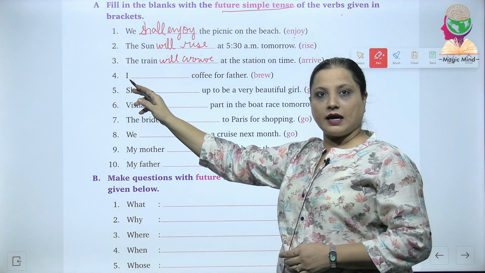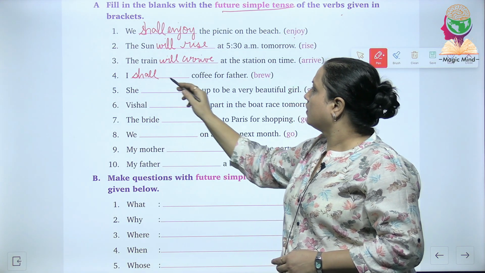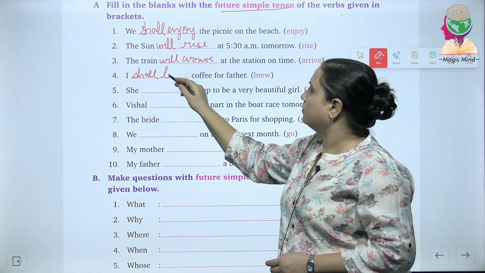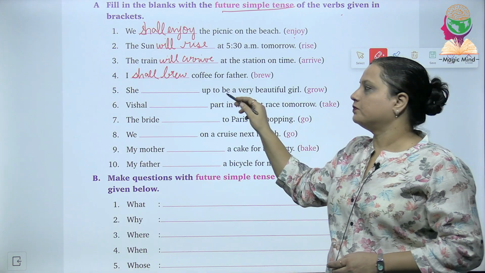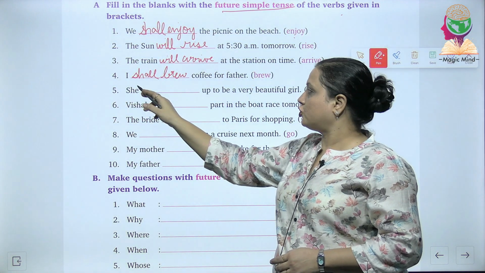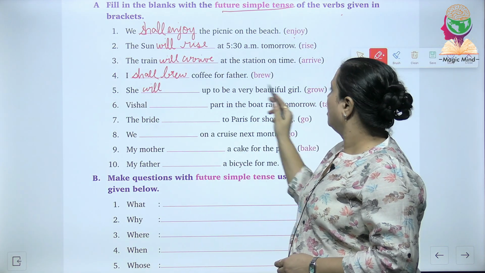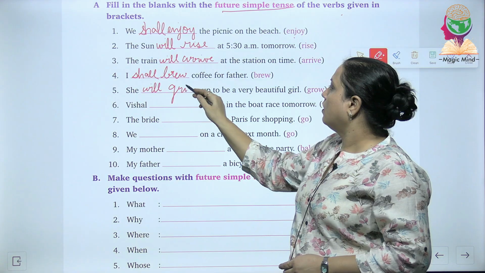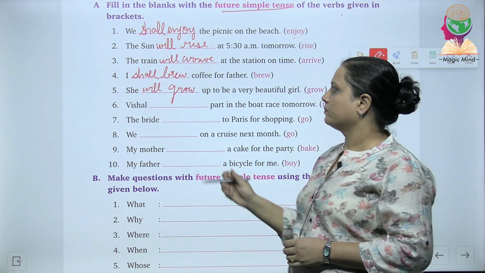Fourth one, we'll write here shall brew coffee for father. Fifth one, she will grow up to be a very beautiful girl.